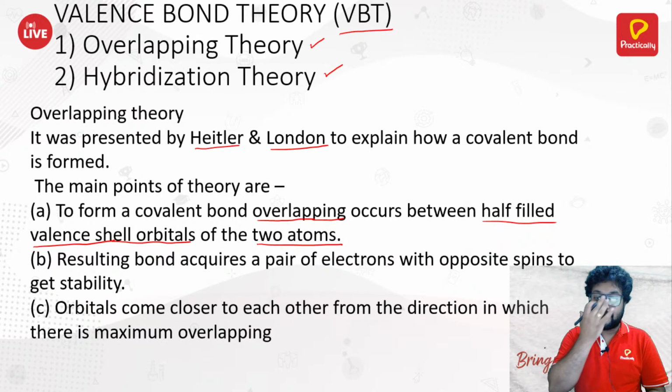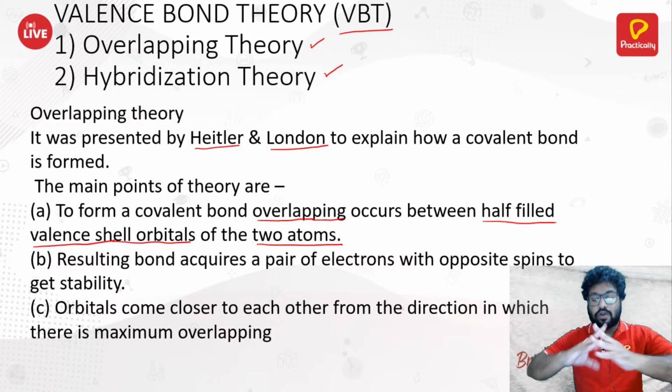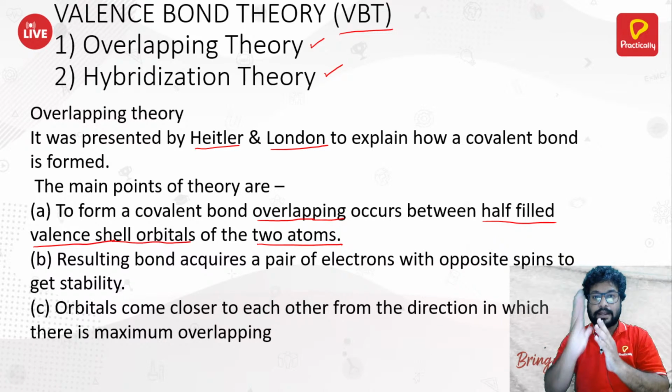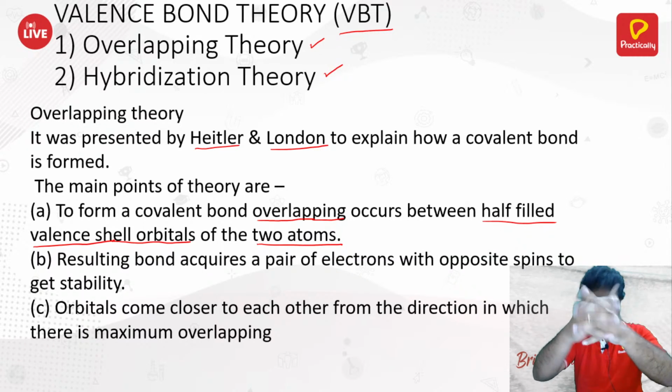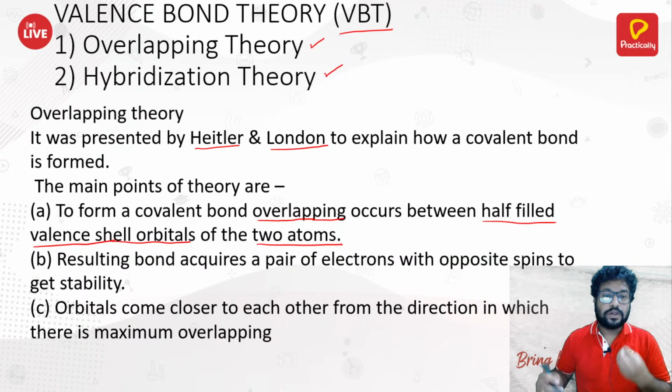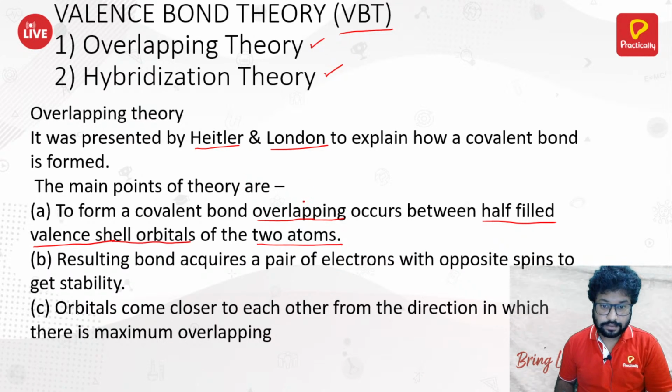So overlapping is very important here. This is one orbital, this is another orbital, and they overlap like this. So that is called overlapping. To form a covalent bond, overlapping is a must between the orbitals.